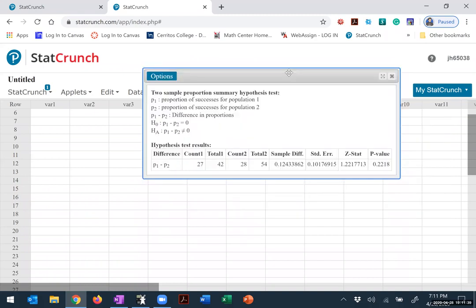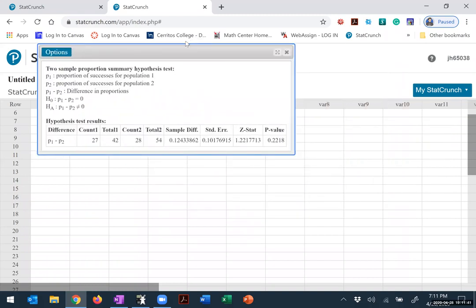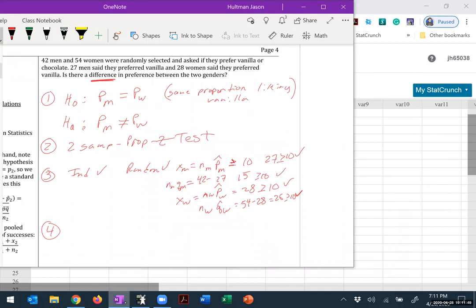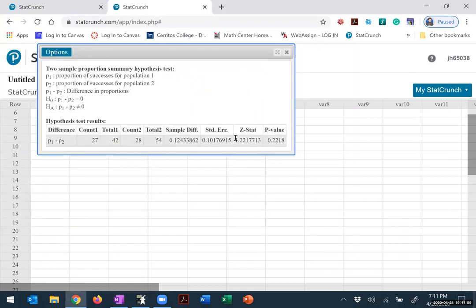And it tells me that I get a z-score of 1.22 and a p-value of 0.2218.